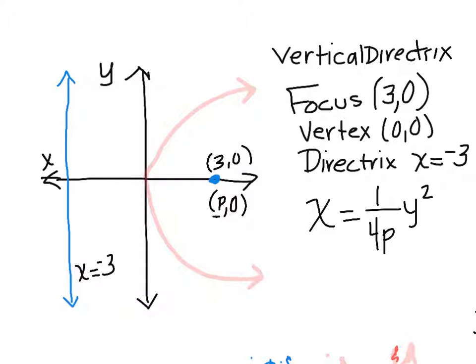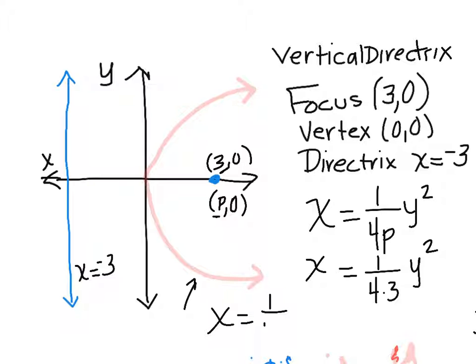So I'm going to take the p-value, which is the 3, and I'm going to substitute it into this equation, 1 over 4 times 3 y squared. The equation for this graph that is on its side is x equals 1 over 12 y squared.